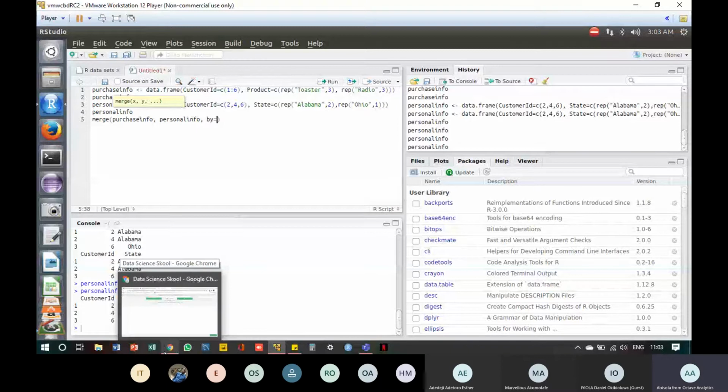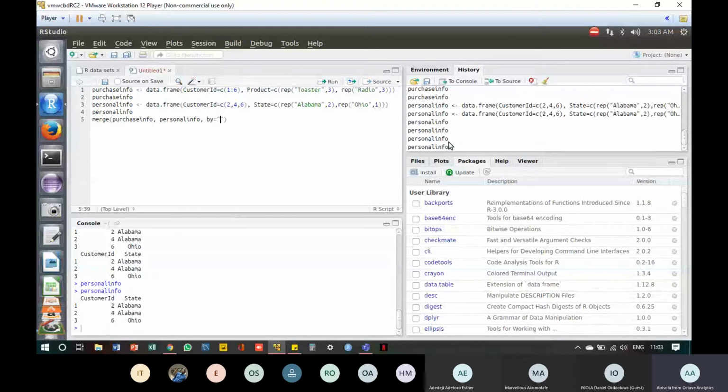So by is the argument for the column to join on. Why are we joining on customer ID? Why would I want to join on anything else?